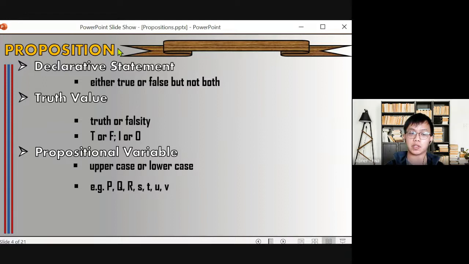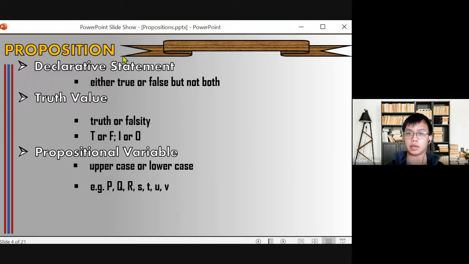You can symbolize propositions using capital letters or lowercase letters, like capital P, Q, R, and small letters s, t, u, v. These letters are called propositional variables. So the letters that we use to symbolize propositions are called propositional variables. So that is for proposition.